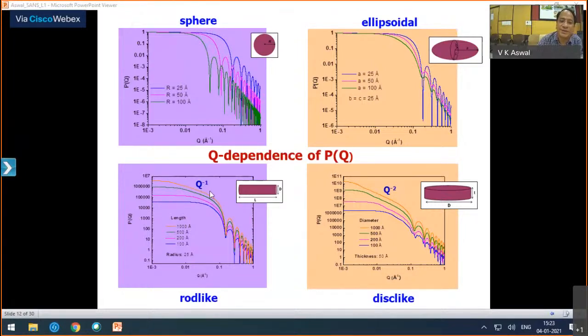And when you have disk-like particles, then in the intermediate Q range, it will go as q to the power minus 2. So these kinds of special features related to specific geometries of the particles, you can differentiate by looking at the scattering pattern.